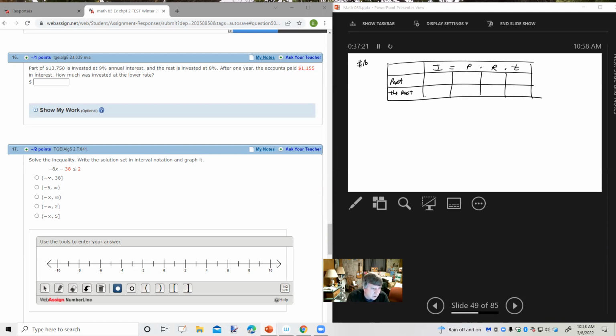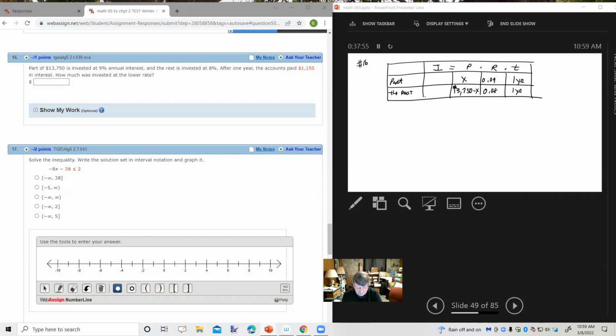So part, let's call that x, at 9%. And the rest is invested at 8% after 1 year, so time is 1 year. Now we've got $13,750. If we invest part of it, which we're going to call x, what do we have left to invest the other place? We've got $13,750 minus x. That's going to be invested at 8% for 1 year.